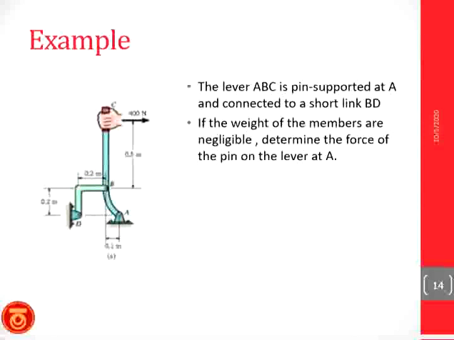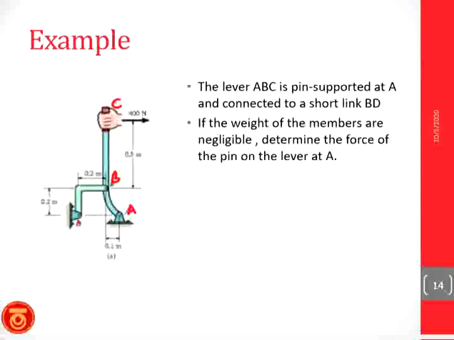Okay, now let's look at the example. So here is the example of two-force members. Lever ABC is supported at A and connected to a short link BD.